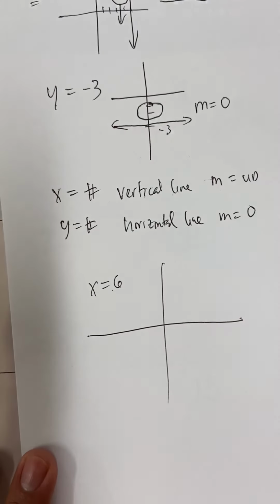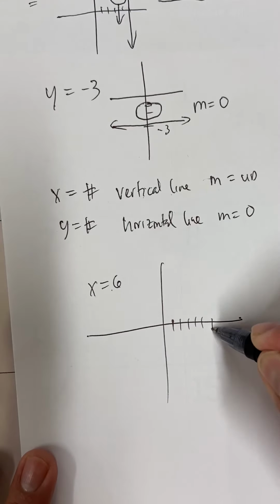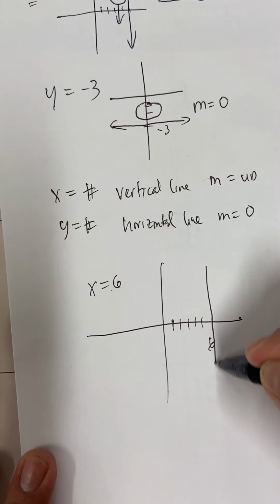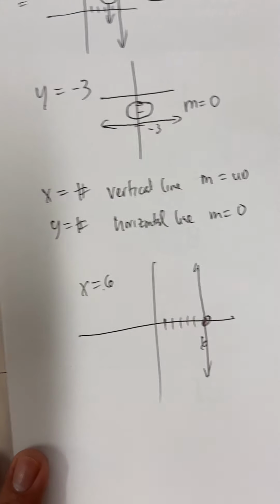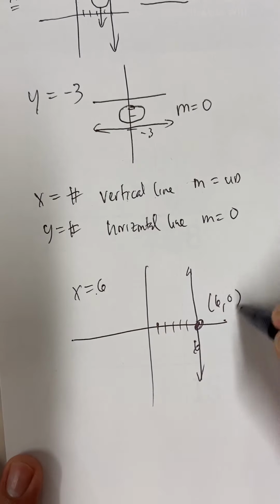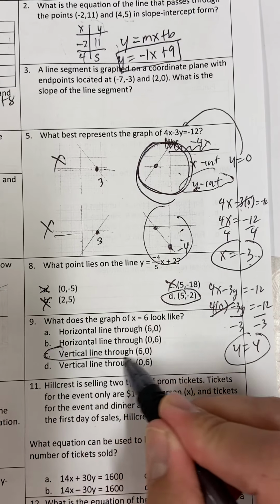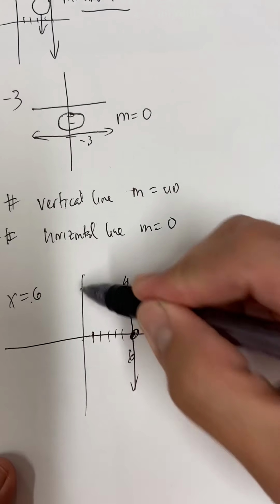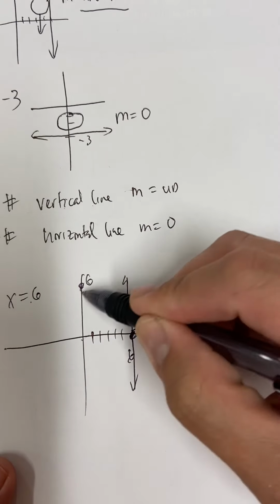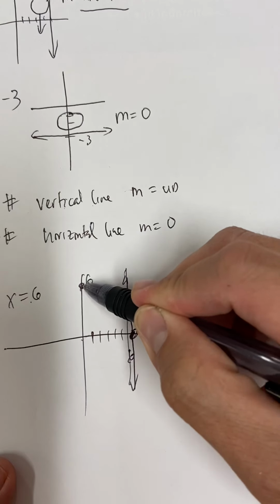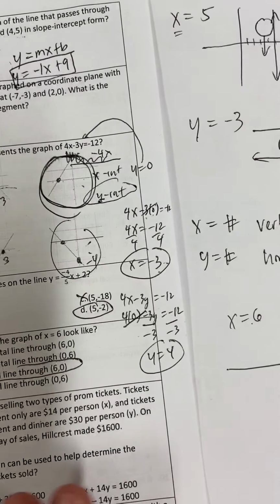Where's the 6 on the x-axis? 1, 2, 3, 4, 5, 6. That's 6. Draw a vertical line. This point is 6, 0, so the answer there should be C. Why not D? Because 0, 6 is right here, and this line does not pass through this point. That's why the answer is C.